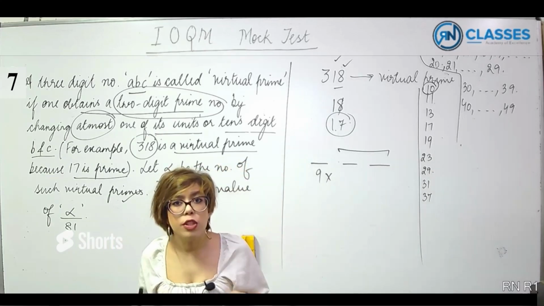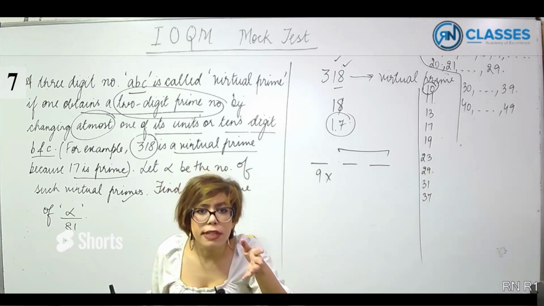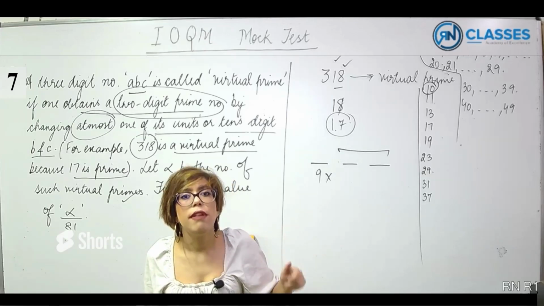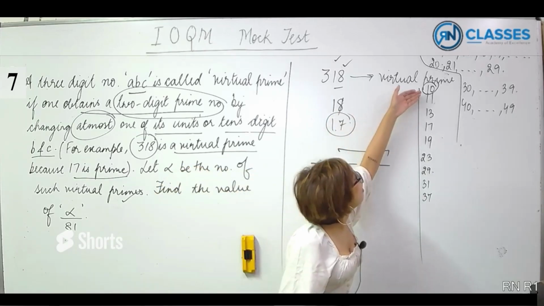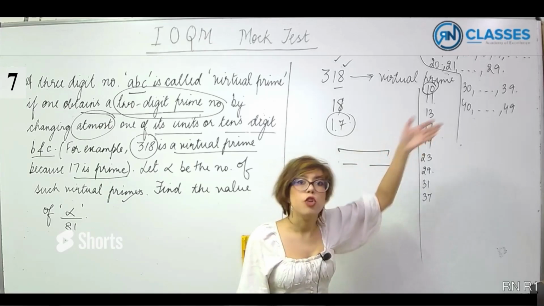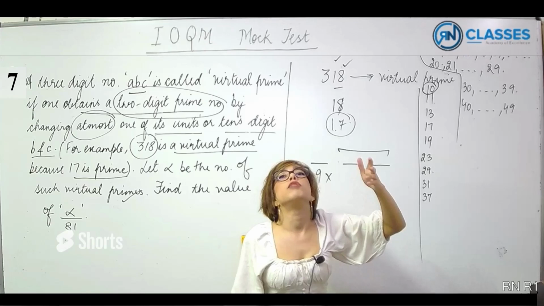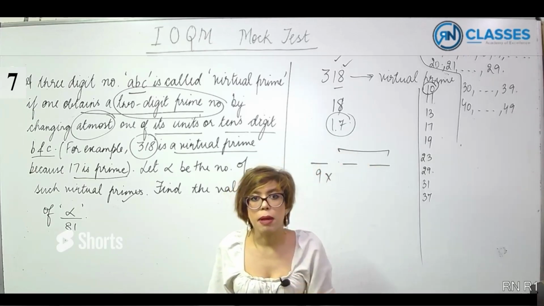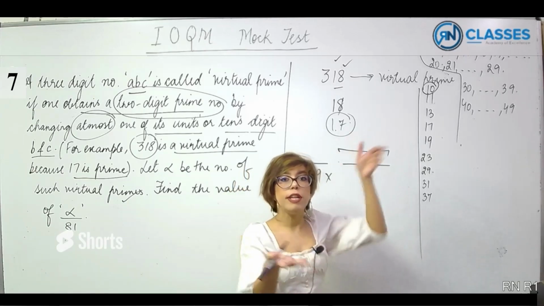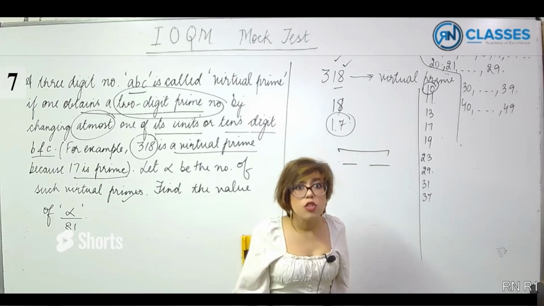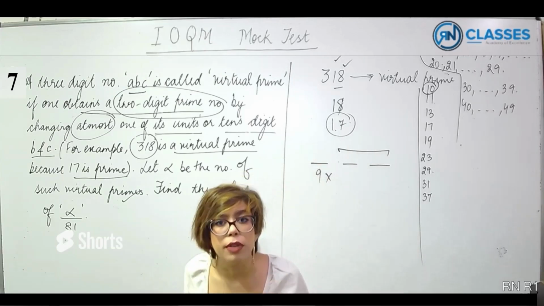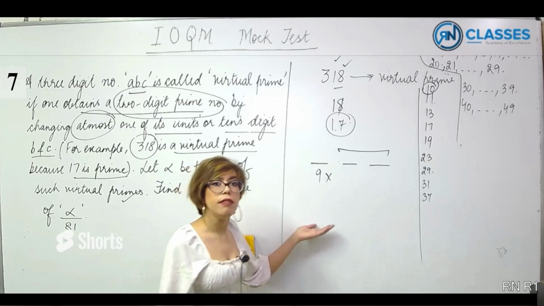You take any 2 digits, you just need to change one of its digits and you'll get a prime number. Why? Because in all the 10s from 11 to 20, right, you have a prime number. From 21 to 29, you have a prime number. From 30 to 39, you have a prime number. Right? So in chunks of 10, you have a prime number anyways. So that means any 2-digit number you take, you will get a virtual prime.